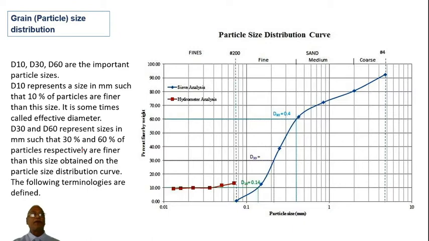Okay, so here there is a typical graph on which we plot the particle size distribution curve, right? Here you can make out that the vertical axis, where percentage finer is plotted, is very uniform. So here you got 10, 20, 30, 40, 50, 60 and so on up to 100%.